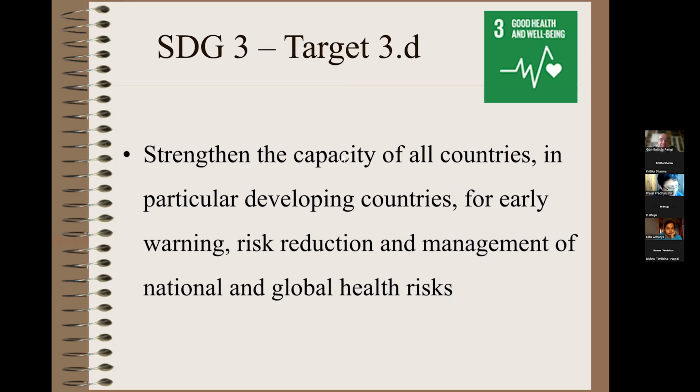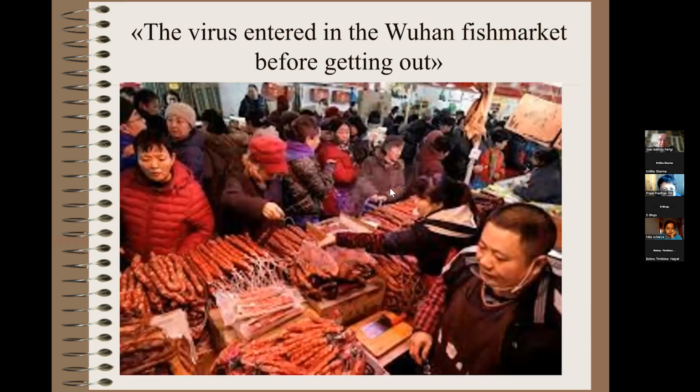Last but not least, the capacity of developing countries for early warning, risk reduction, and management of national health risks. What is interesting is that this target was issued in 2015, before the COVID. But then we had the COVID, and someone said that the virus entered the Wuhan fish market before getting out, and no one in China warned the world about this.